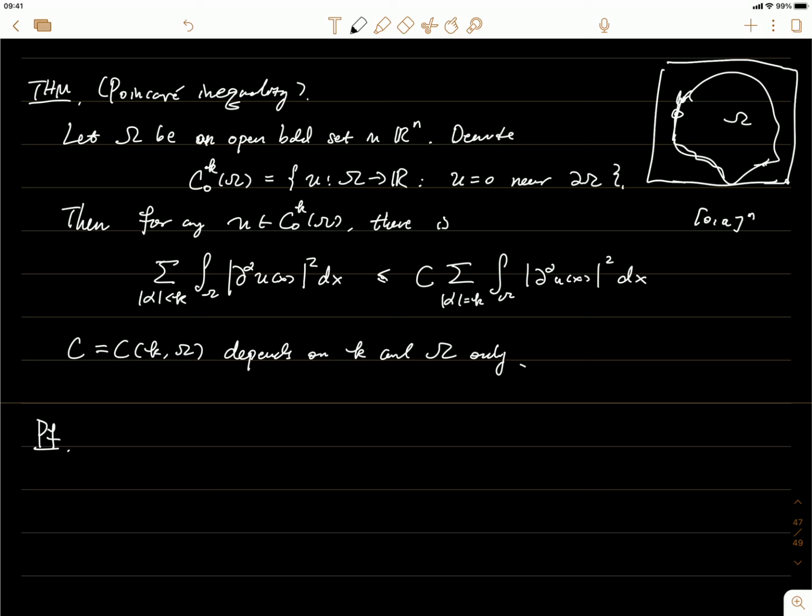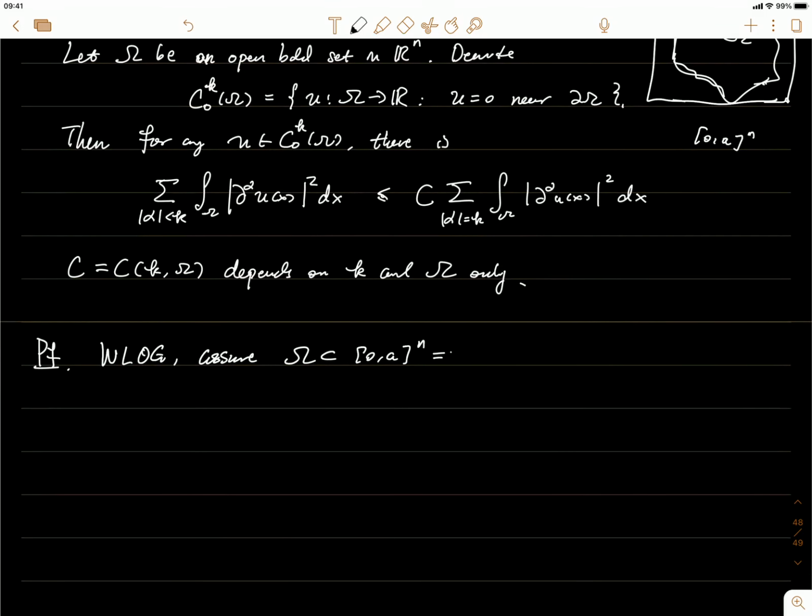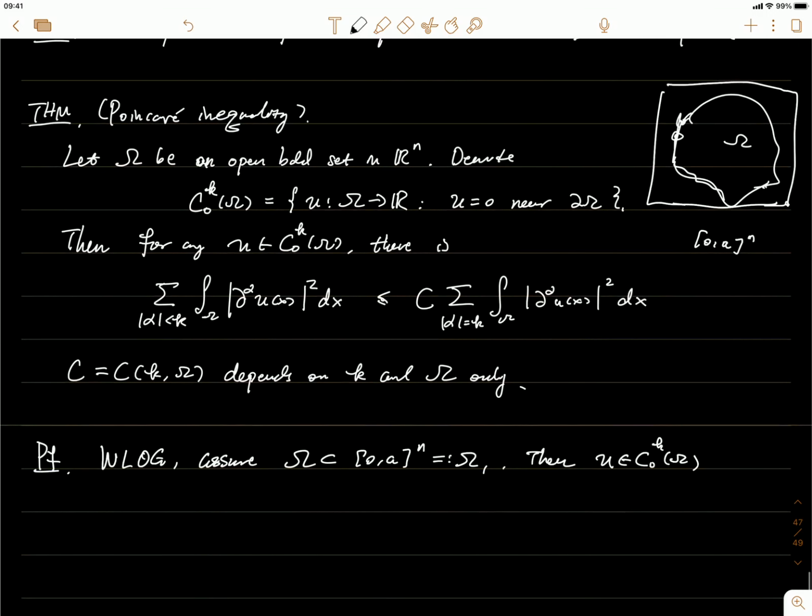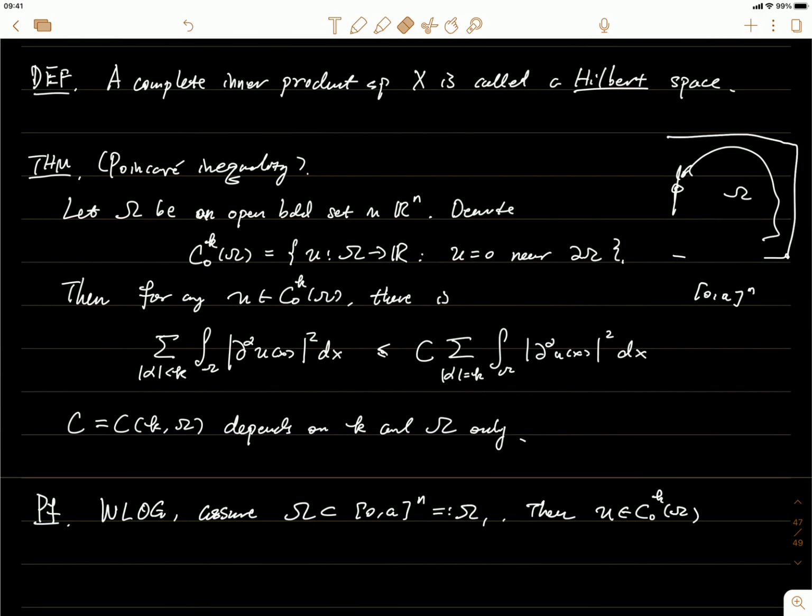Now, because it is included in this box, which we denote by omega 1, and because u is in C_0^k of omega, let me make it slightly more clear.